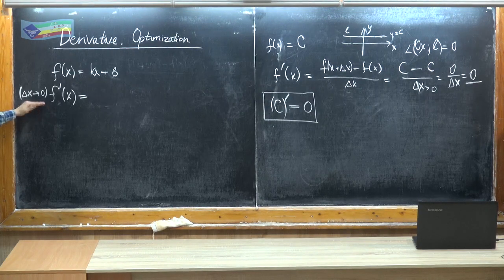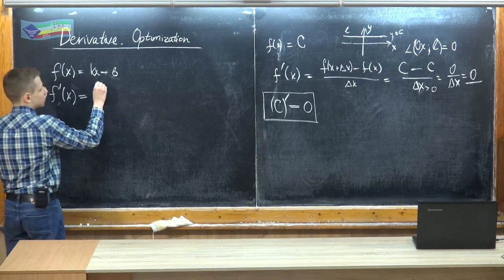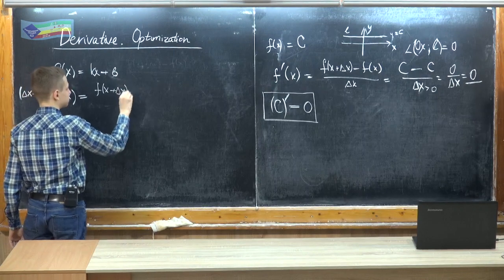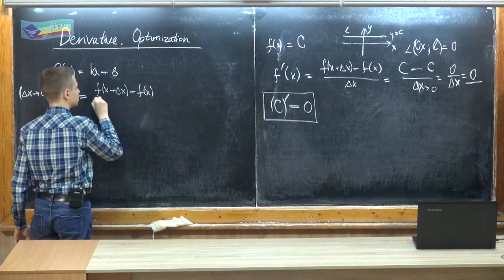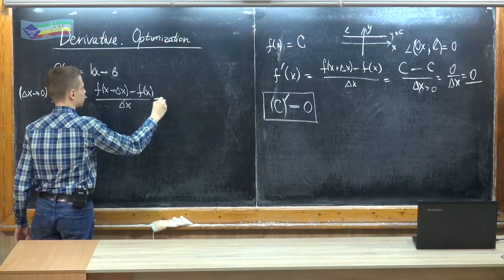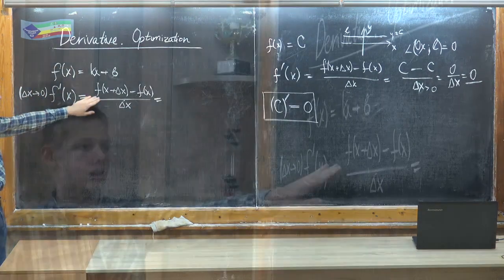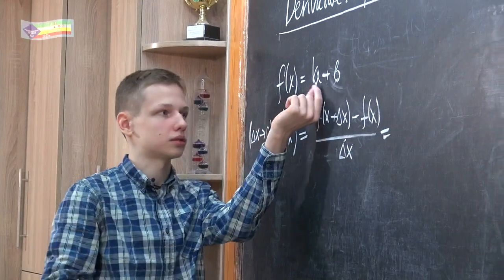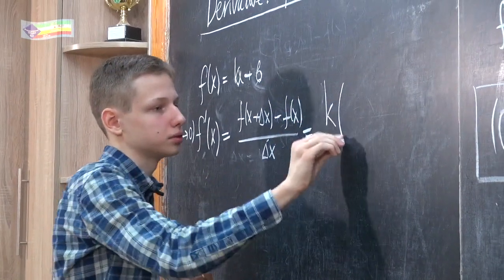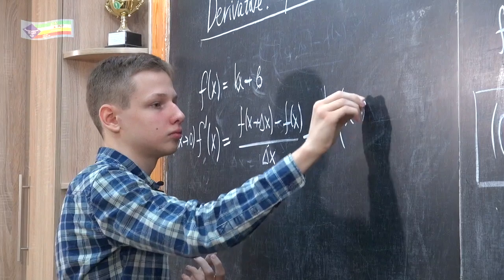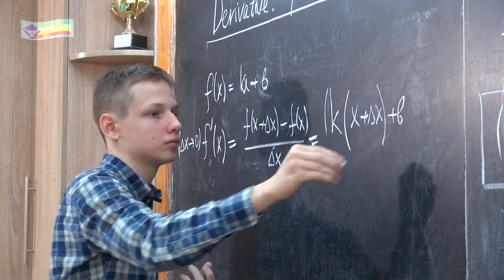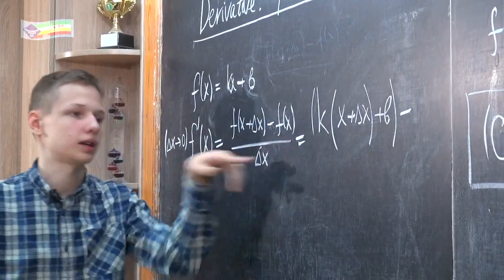You can't just forget about what delta x is approaching. And we can rewrite the same definition over and over. And now substitute for x plus delta x. So this is our x, and now we can substitute. And the same for x.